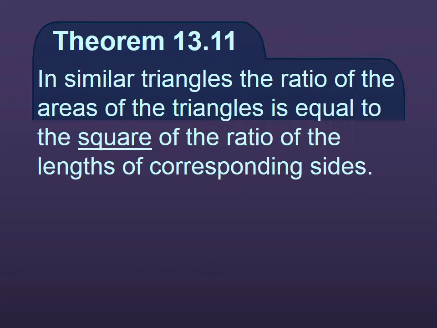And the areas of similar triangles do not have exactly the same ratio; you have to square the ratio of corresponding sides. So for example, if the ratio of corresponding sides is 3, you square it and make it 9, and that is the ratio for the area.